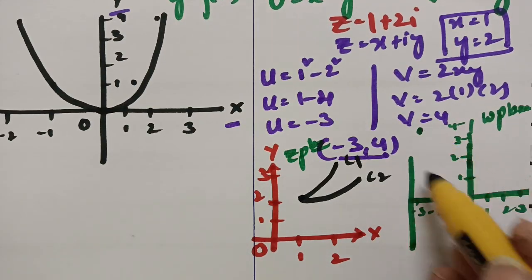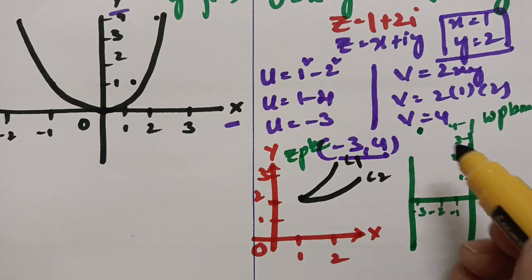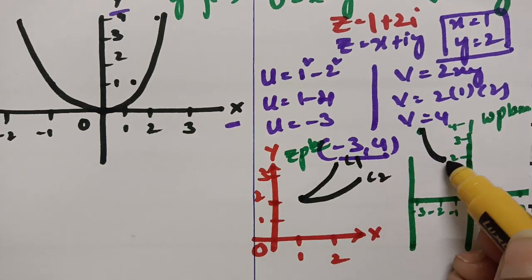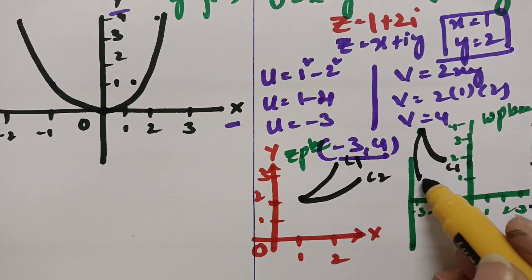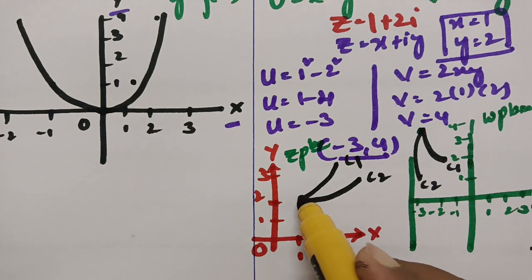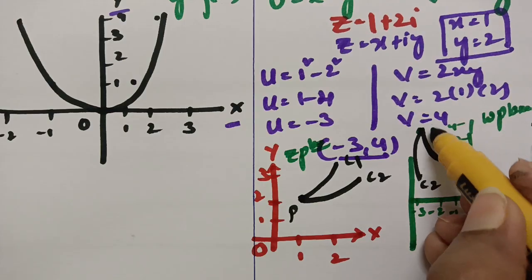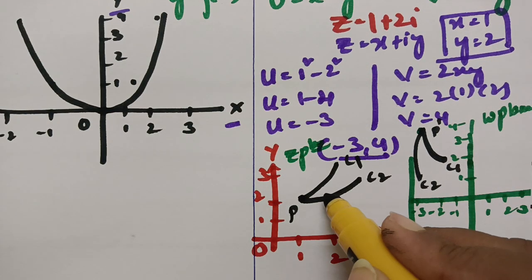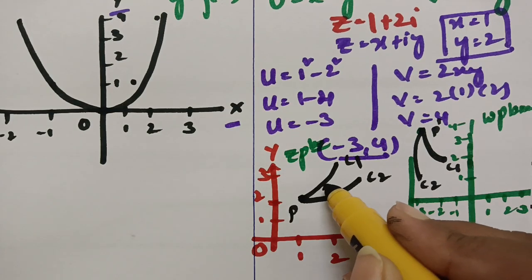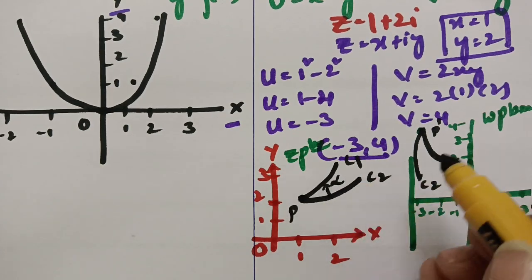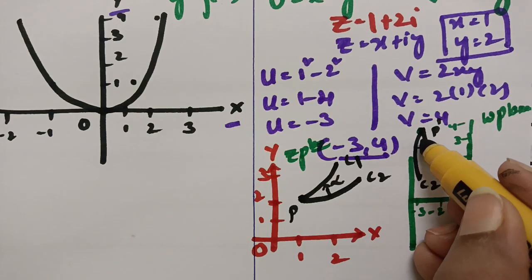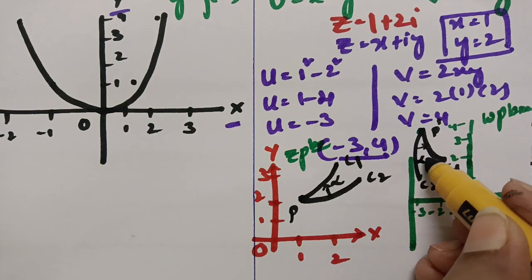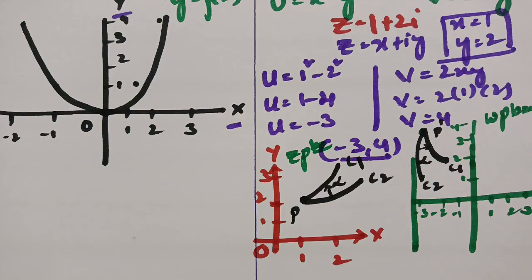And same as this in the W plane: if you take a few set of points, the curve will be like this, C1, and the next curve will be like this, C2. So here is a connecting point. Here we take P and here we take P dash. And see here, we are making an angle alpha, rotating in an anti-clockwise direction, and here it is also making an anti-clockwise angle alpha. So here is a mapping.